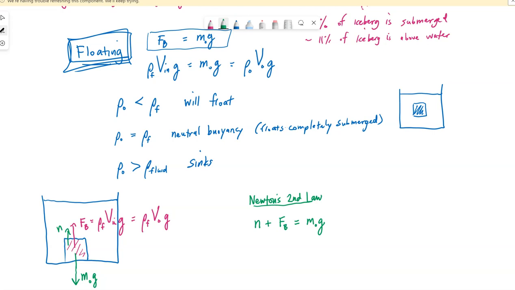And then the new piece is that buoyancy forces, just the fundamental equation for them, depends upon the density of the fluid, the volume of the object that's physically submerged in the fluid, so the volume displaced, and g. So I'll go through a couple examples so that you can see how to apply this in a couple different situations.